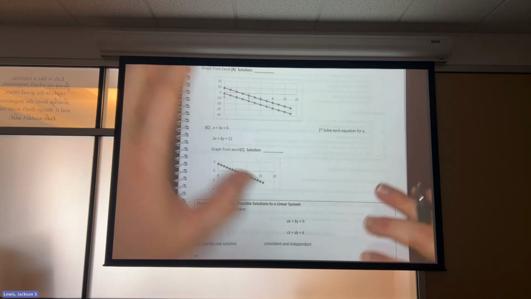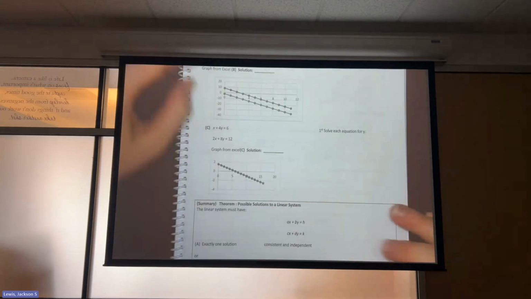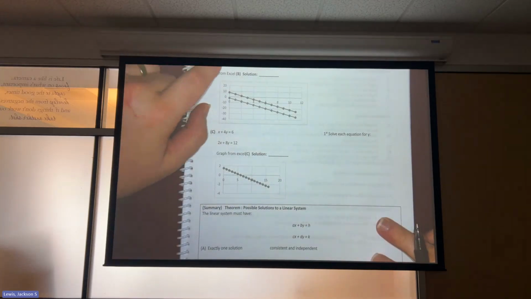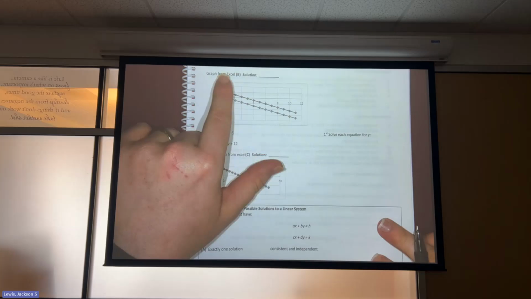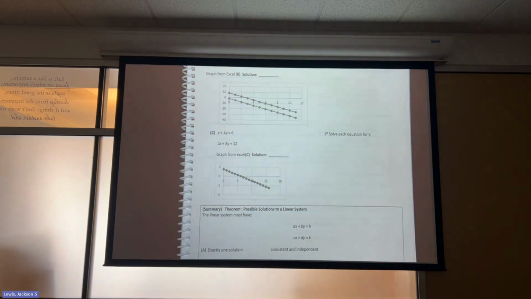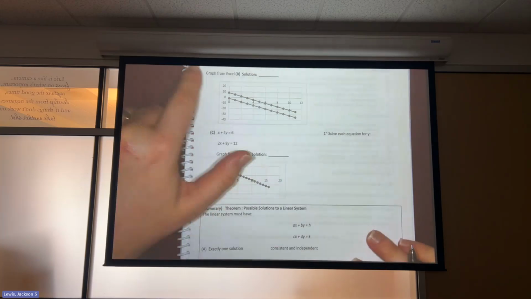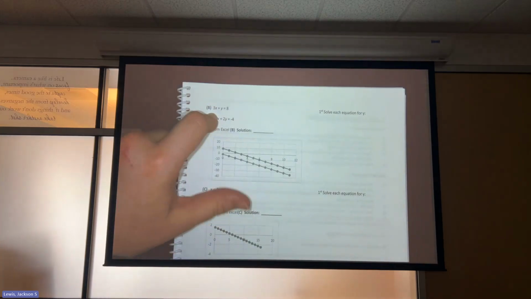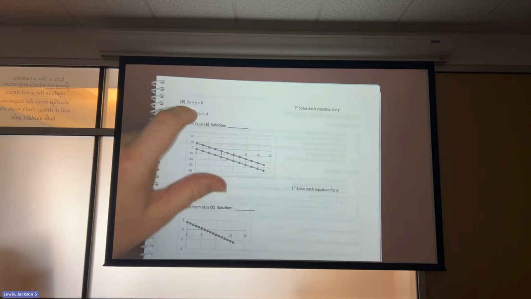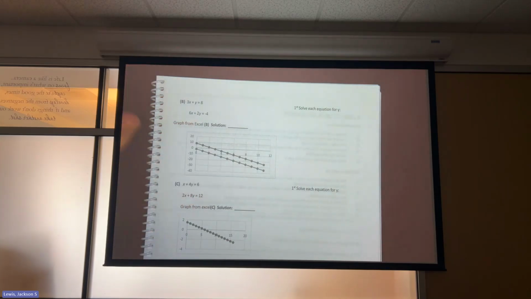A couple more examples. For instance, if we have 3x plus y equals 8, and 6x plus y equals negative 4. One thing that I noticed about this: again, if you can't see something, let me know, because I don't have a preview of the screen anymore.